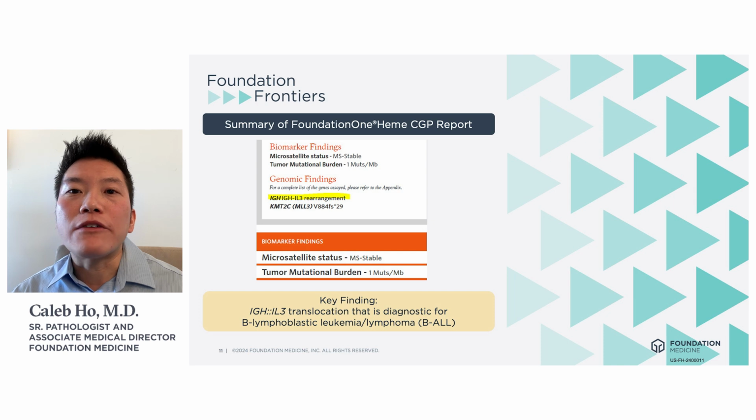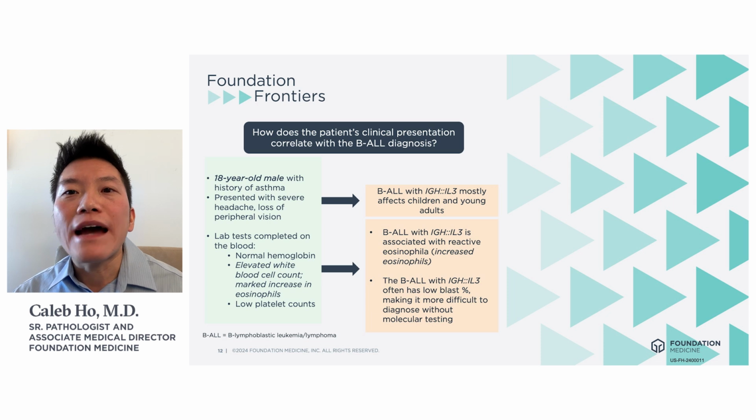Here's a summary of the findings from a Foundation One Heme CGP report. A characteristic IgH-IL3 translocation was detected, allowing for a diagnosis of B-ALL for this patient based on the WHO, or World Health Organization, classification system.